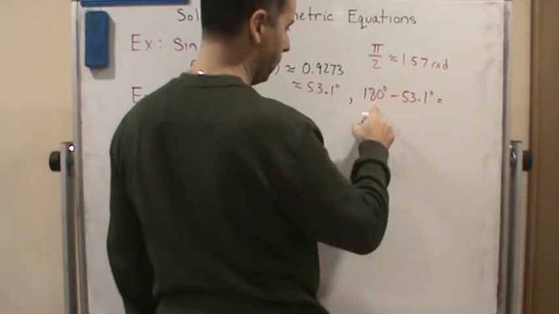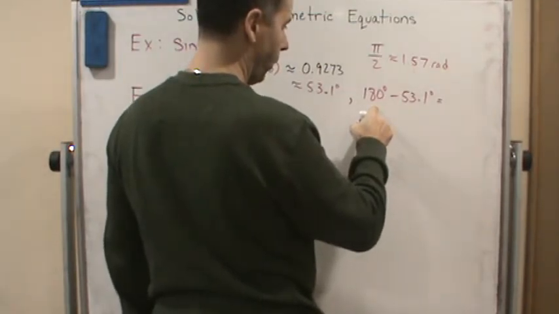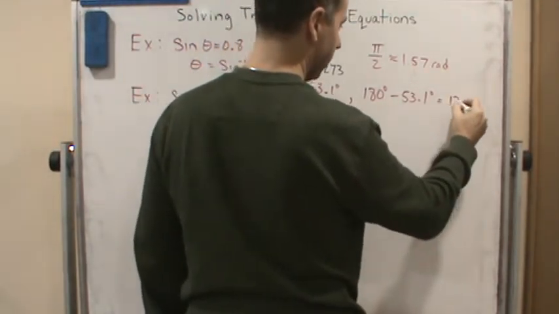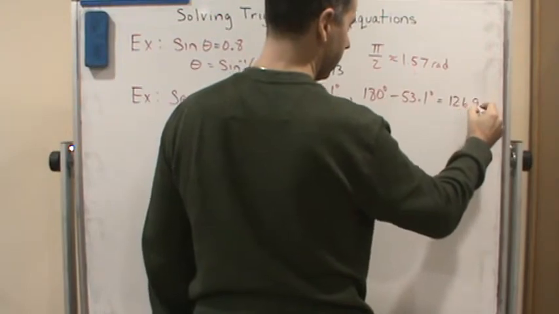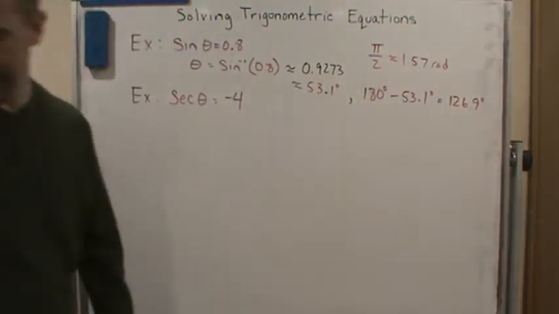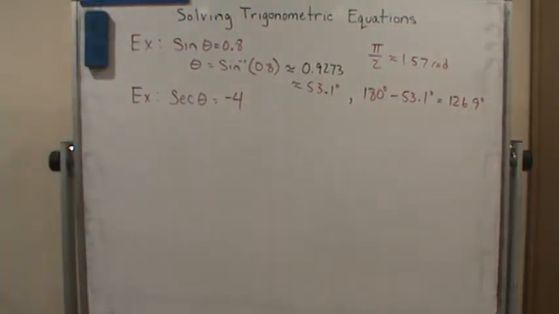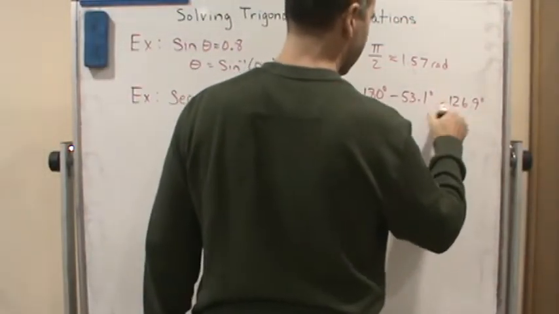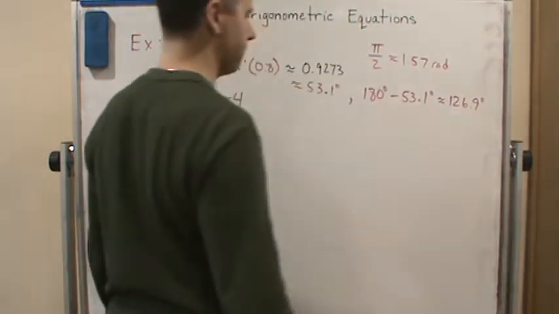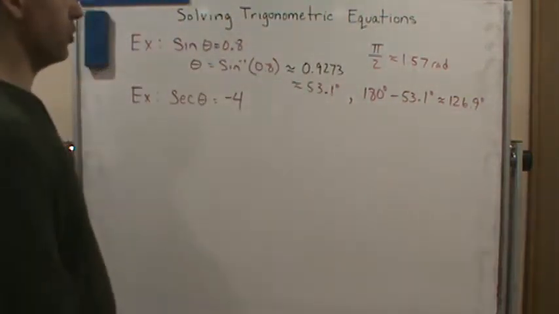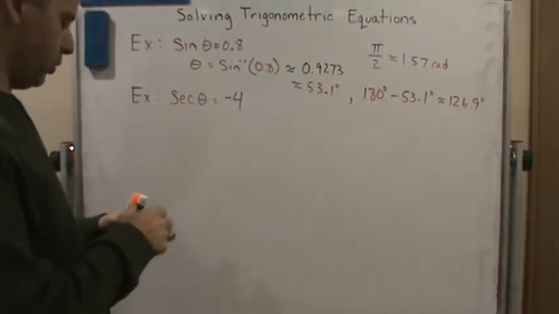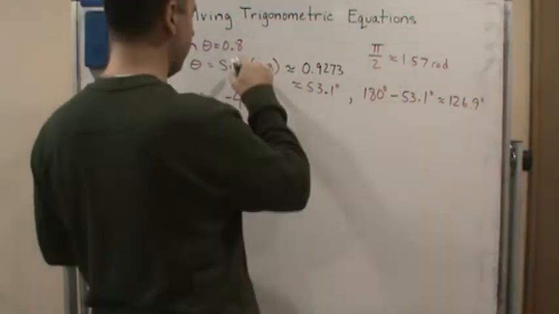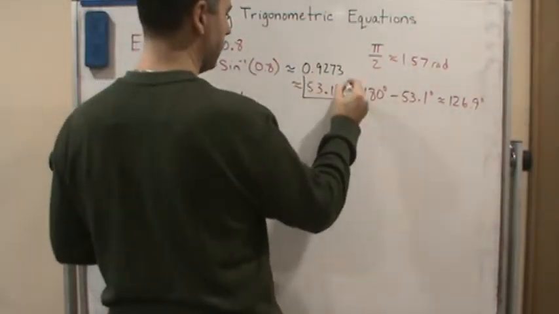It's going to give you 126.9 degrees. Let me confirm that. Yes, approximately 126.9 degrees. Okay, so those are the two angles. So your two angles that would give you this ratio are those two.